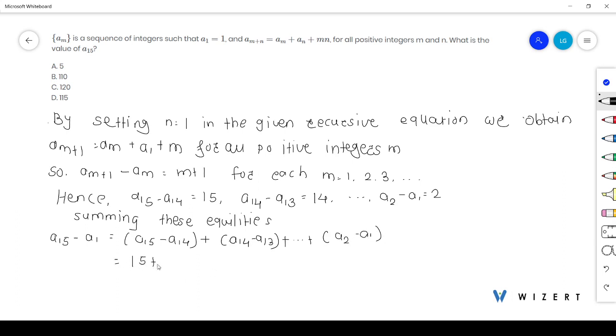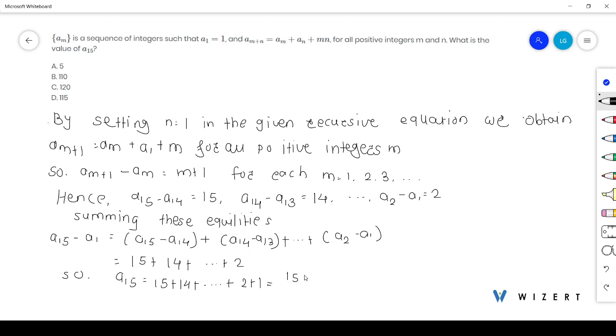Substituting values here, we get 15 plus 14 plus and so on plus 2. So, a_15 will be 15 plus 14 plus and so on plus 2. That a_1 will add here, so it will be 1 as a_1 equals 1.